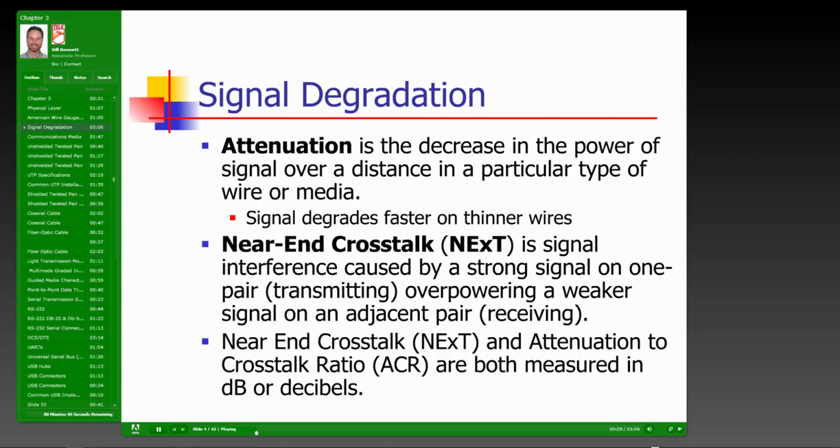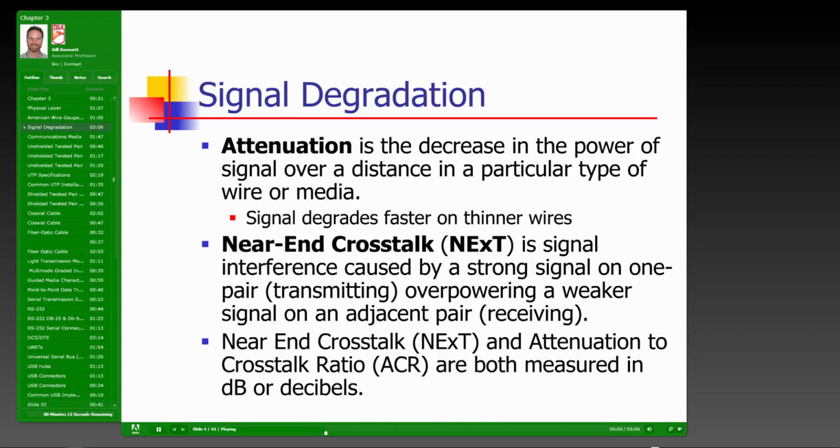As that signal degrades, it's closer to the same impact of the noise, the outside interference that's also occurring on that wire. It gets to a point where the receiving device just could not discern between the original signal and the noise or interference on that wire. This process of it decreasing as it travels down the wire is referred to as attenuation.